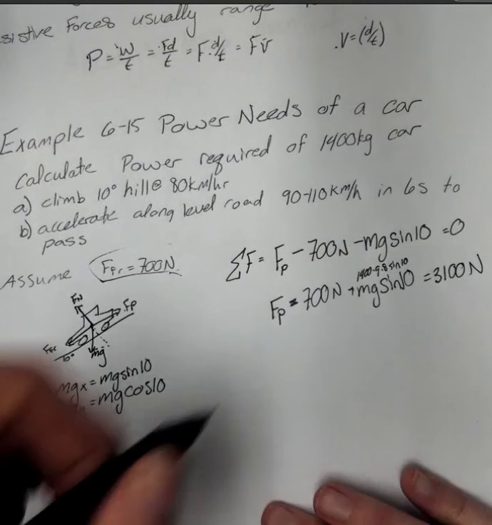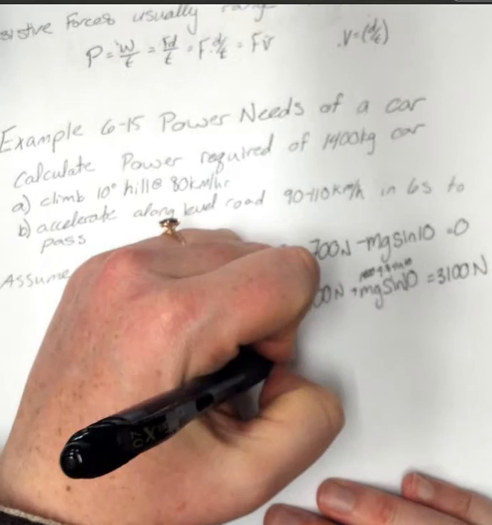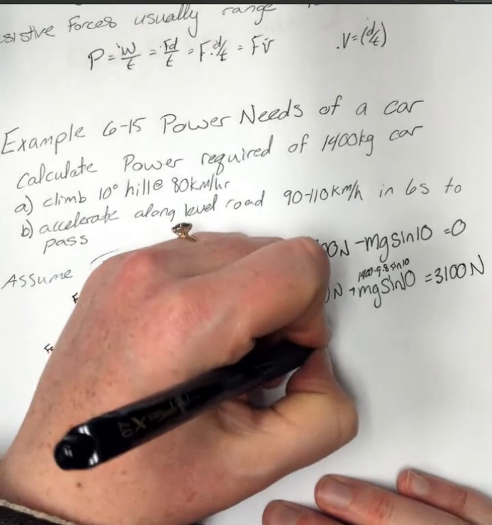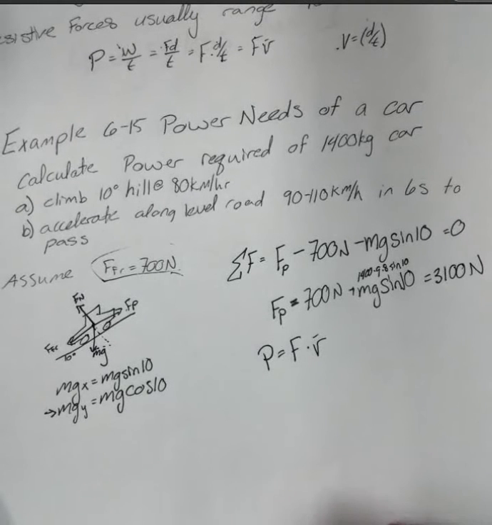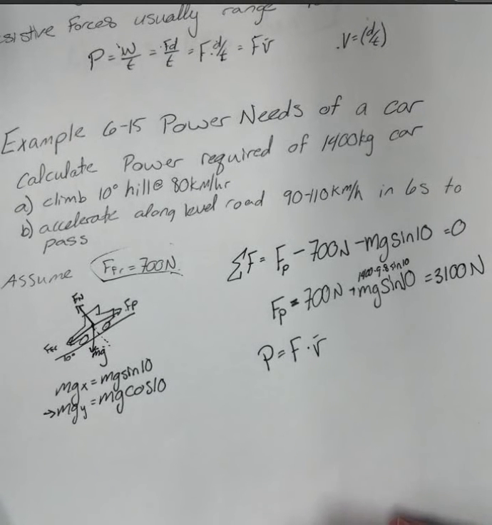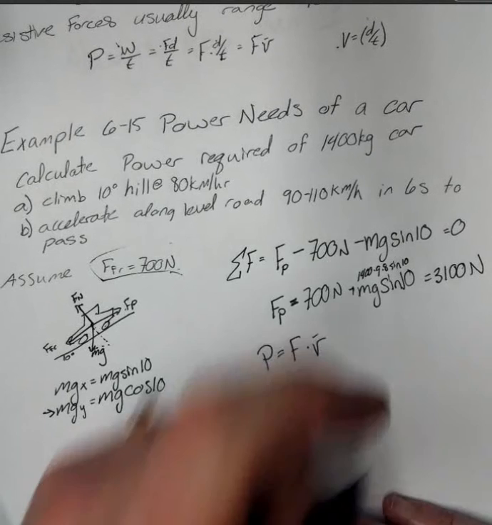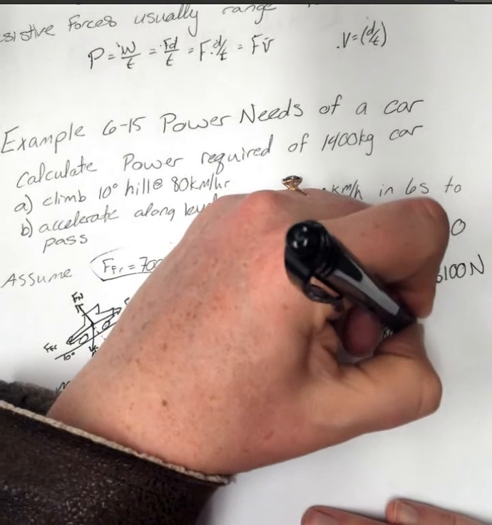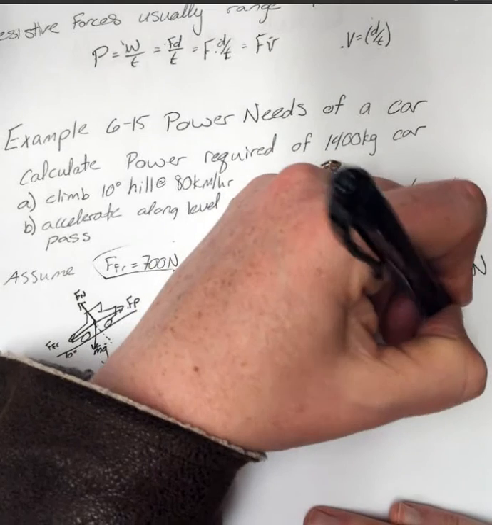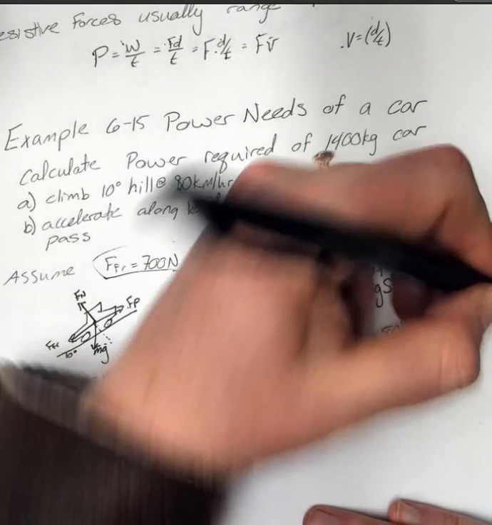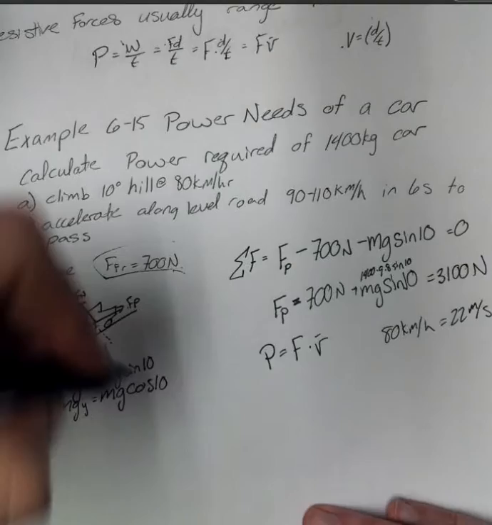So if we want to know the power, power is going to be equal to that force times the average velocity. Our velocity was given to us as 80 kilometers per hour, which easily converts into 22 meters per second. And the force is getting applied up the hill.